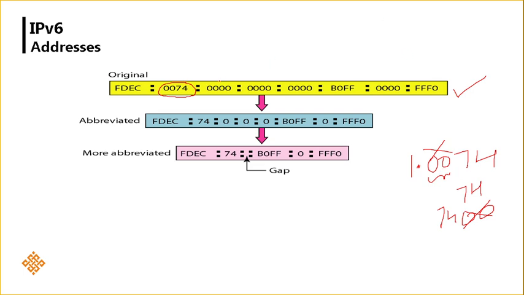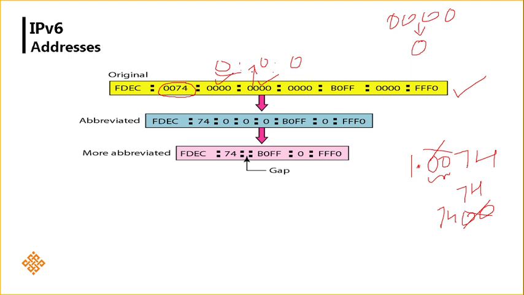Second case, here you can see 0, 0, 0, 0. If you have continuous zeros like this, then you can replace it with a single zero. Here also we have continuous 4 zeros, you can write as 0. Here also we have continuous 4 zeros, 0.